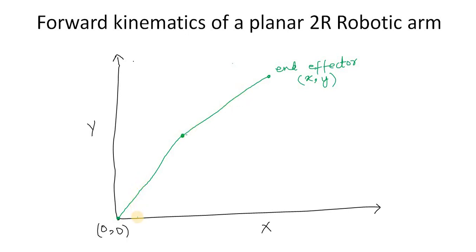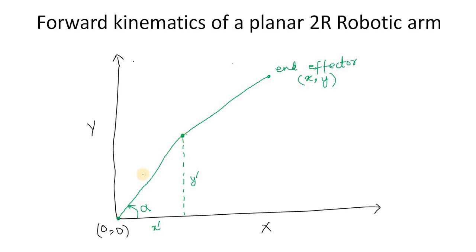Okay, so this angle here, we call it alpha, and then for the first link we define its coordinates, which is y dash, and this coordinate is x dash. And similarly we do this for our second link.